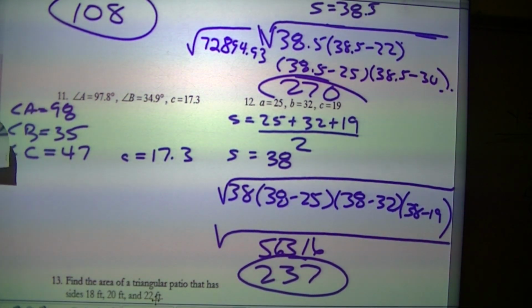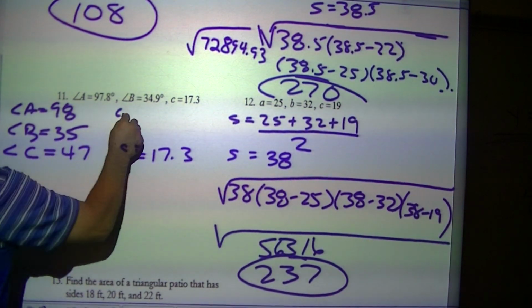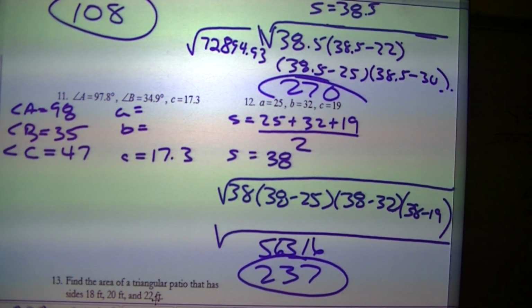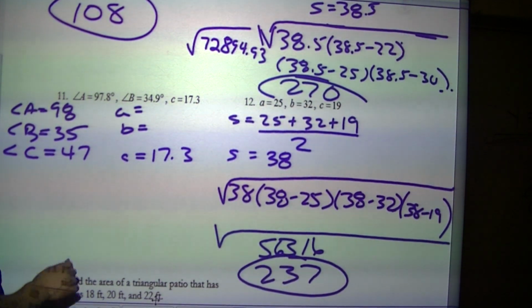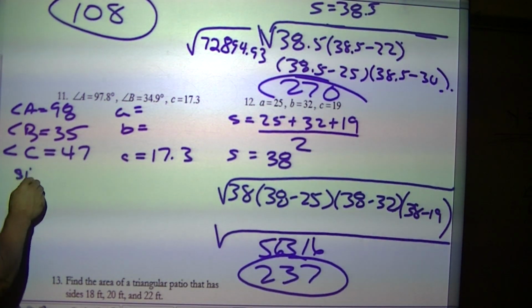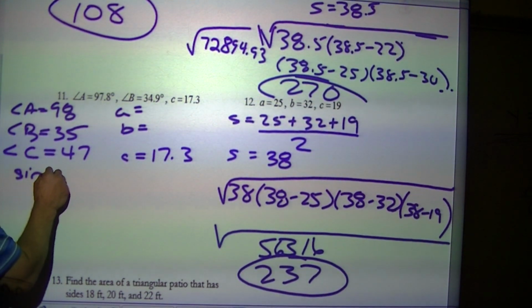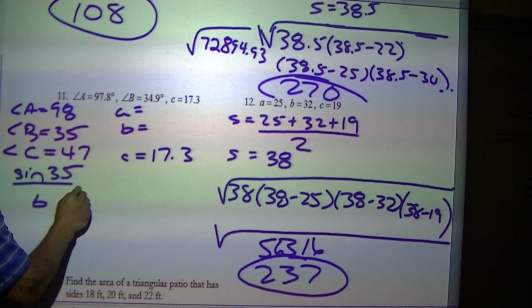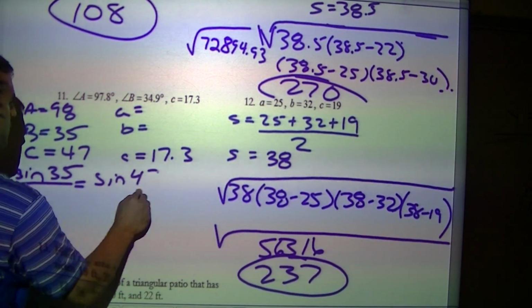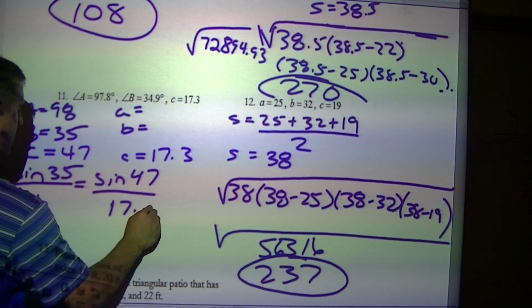Now I can use any formula, but I'm going to need to get another side. So what I have to do before I can actually figure out the area formula is I should use law of sine. So I'm going to go ahead and find, let's say, little b. Okay, so 35 over little b. The only one I can set equal to is the one that says 47 over 17.3.